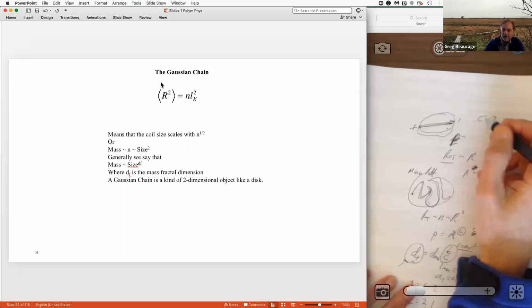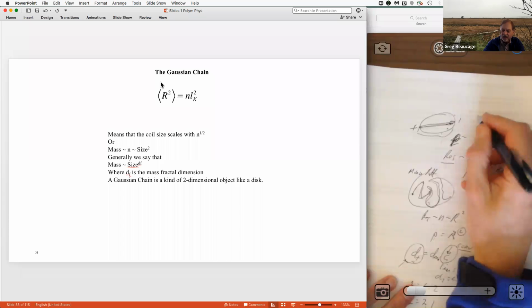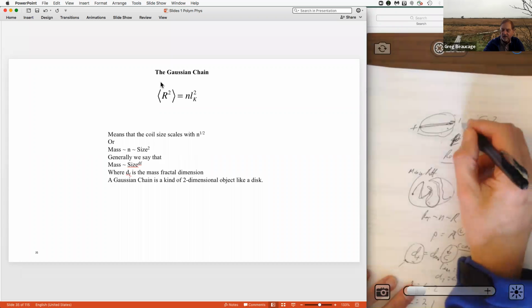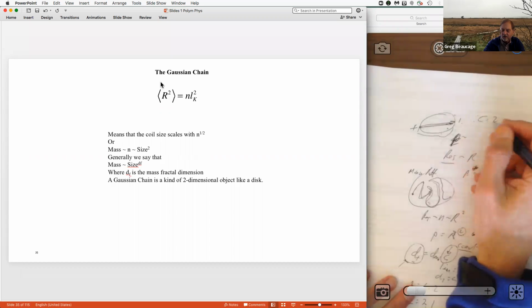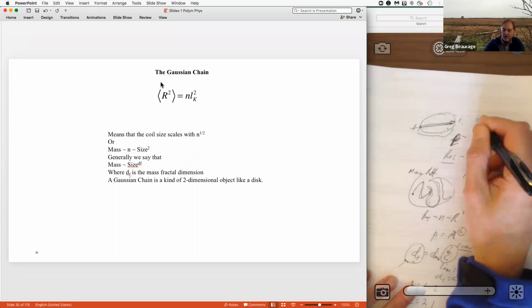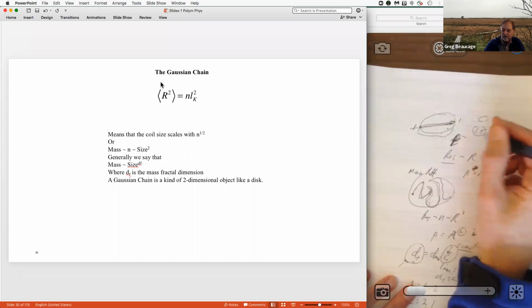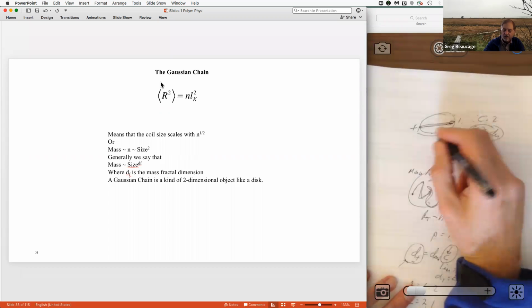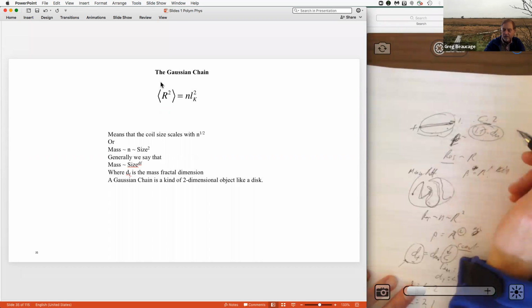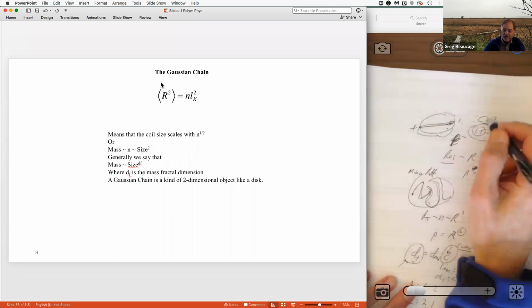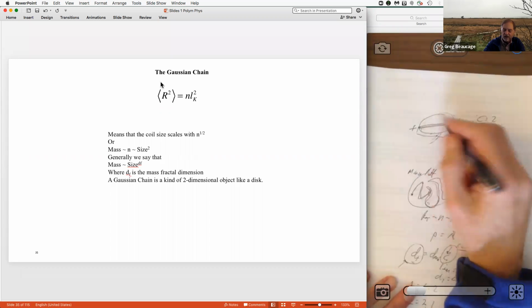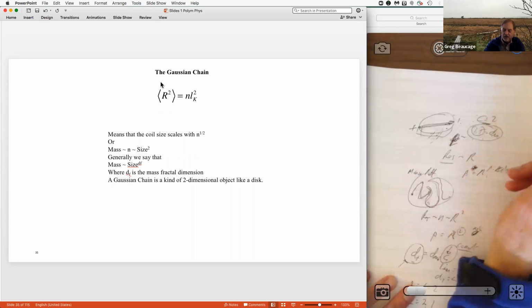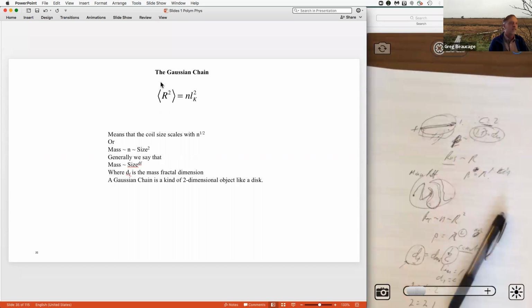If you crumple up the paper, D min can go higher, and then DF could go to 3. So it could be 1.5 for D min. That would be a totally crumpled sheet of paper. So D min would decide how crumpled the paper is, and C tells you it's paper. And the final number you get from that is how the density in space is, the fractal dimension. I'll talk more about this next time.